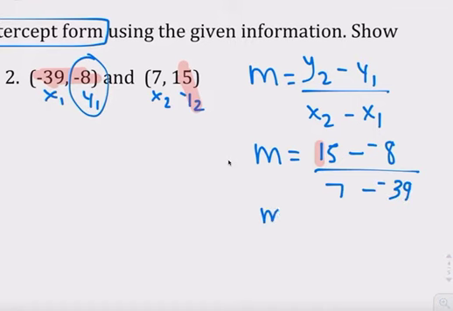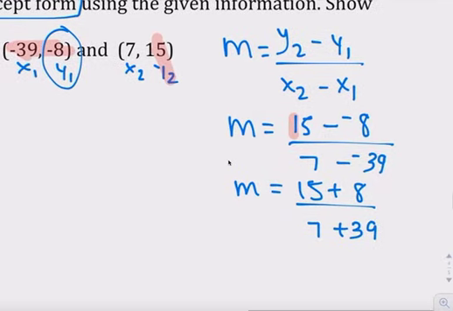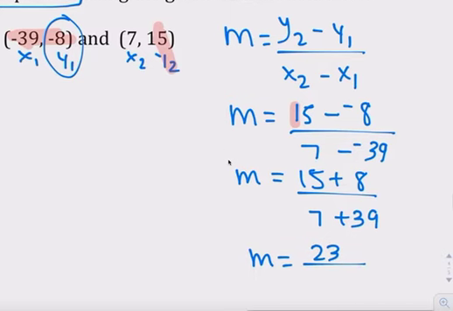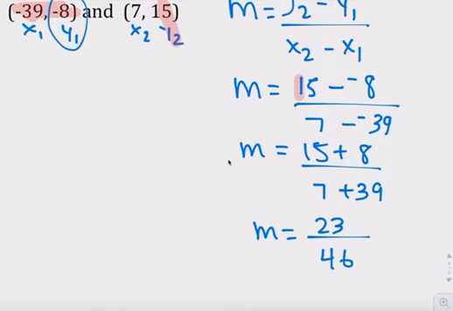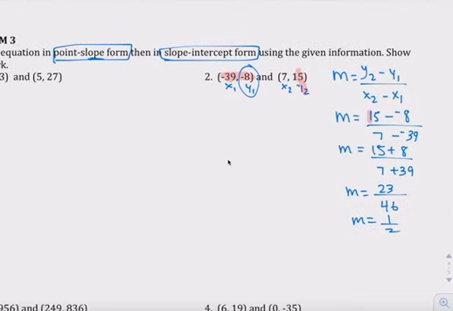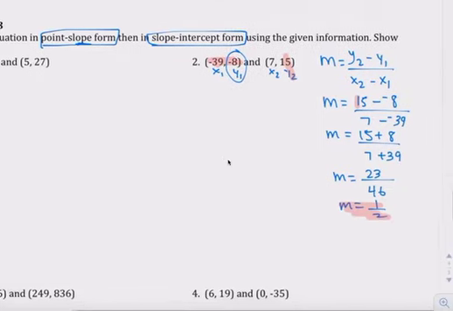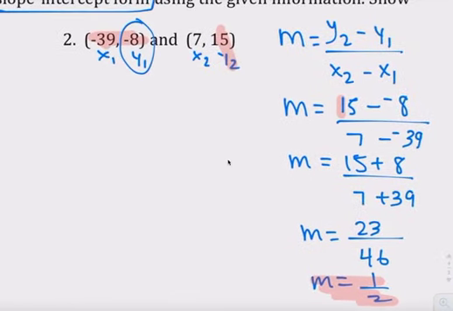That becomes m equals 15 plus 8 over 7 plus 39. That gives you your slope, your rate of change, is 23 over 46, which reduces to 1 over 2. You want to reduce your rate of change as much as possible, so it's easier to work with in the equation. You can use 23 over 46, but it's so big, it's very difficult to work with.